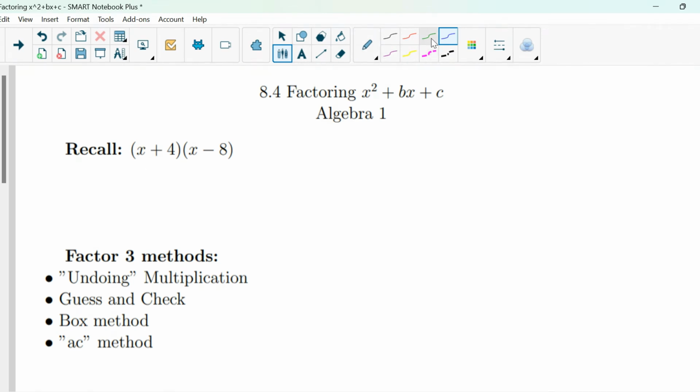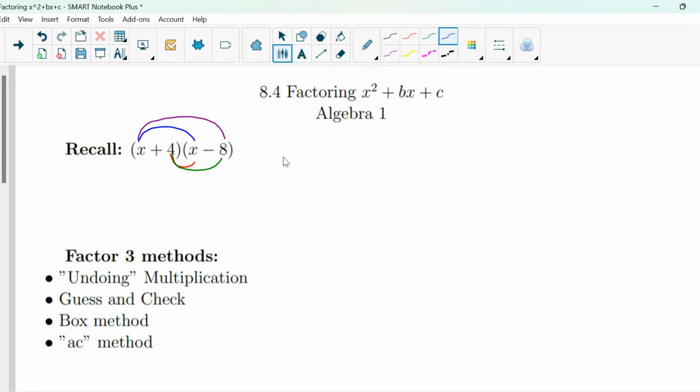So remember, FOILing, we are going to multiply our first, outer, inner, and last. So let's multiply these together.